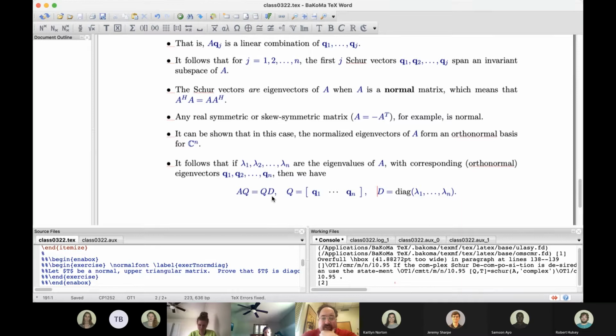So you actually have this situation where the columns of Q are the eigenvectors of A, and the diagonal entries of D are the eigenvalues.